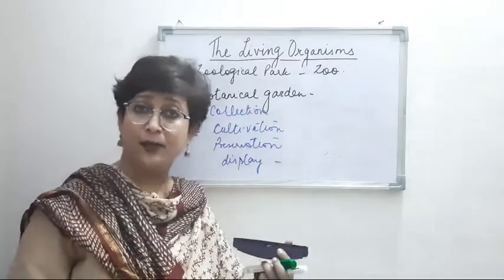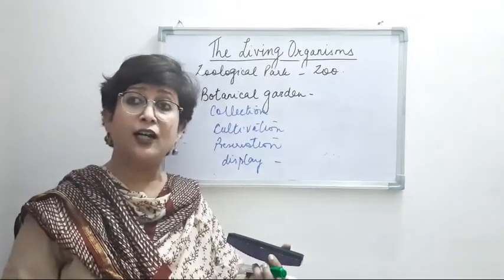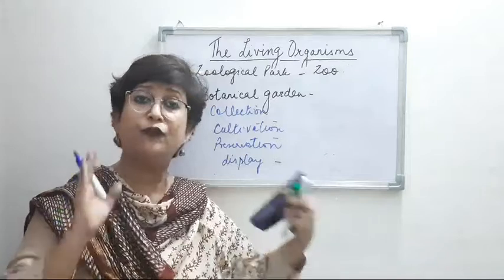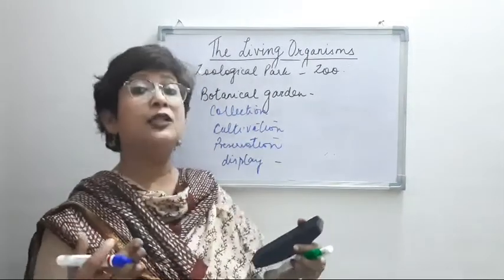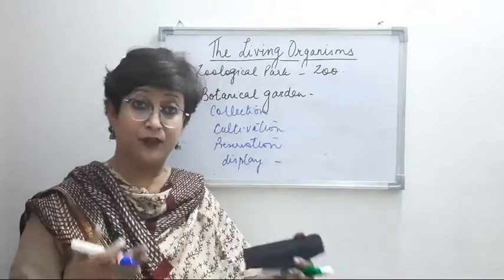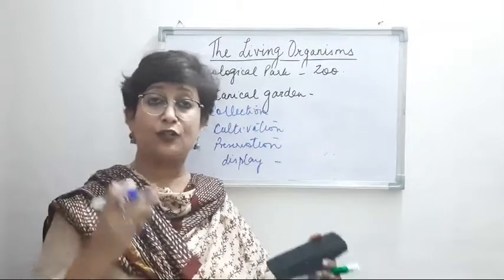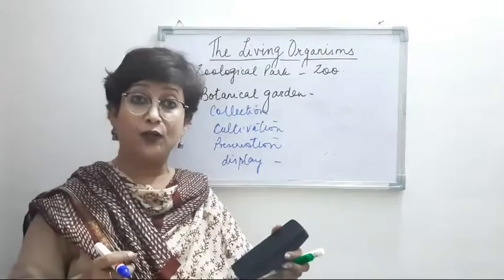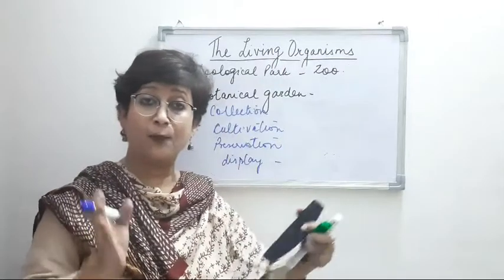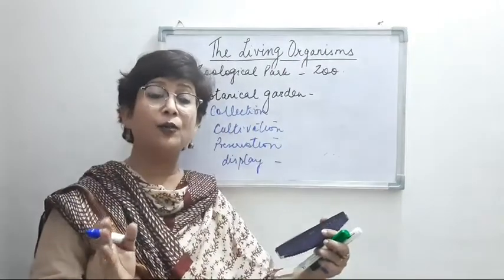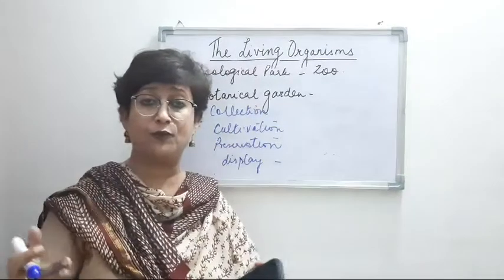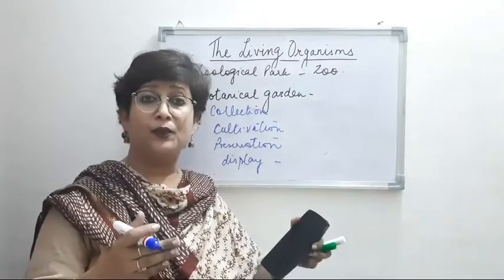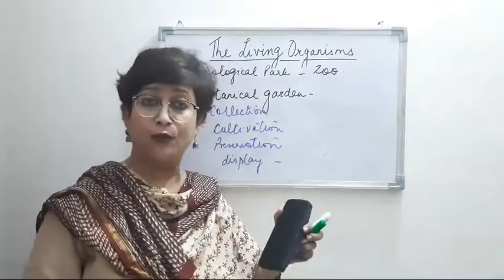I visited NBRI, in which I saw there was a section for vermicomposting. I had gone over there because I wanted to learn something about vermicomposting, and we have a vermicomposting unit in our school also. So what I found was, apart from preservation, collection and breeding of these plants, there was this vermicompost unit.